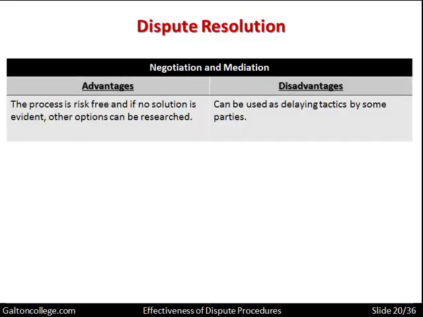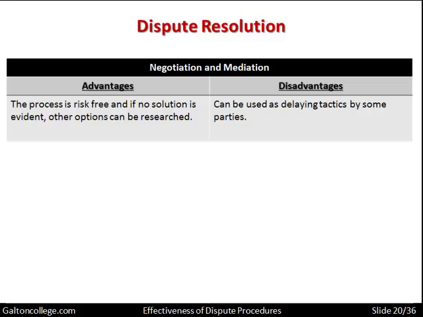The process is risk-free if no solution is evident. Other options can be researched. So if a solution doesn't come about through this type of situation, then they can look to other ways of doing it, perhaps taking advice from experts, or indeed it could lead in the end, unfortunately, to strikes or to quite severe industrial action on the part of the unions.